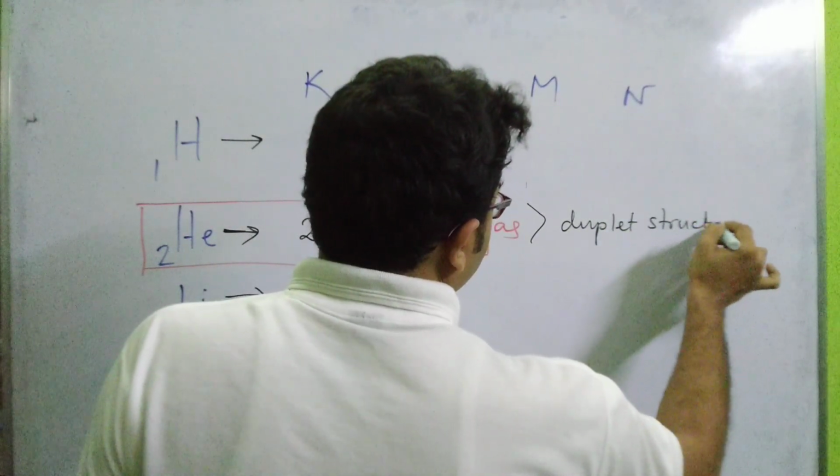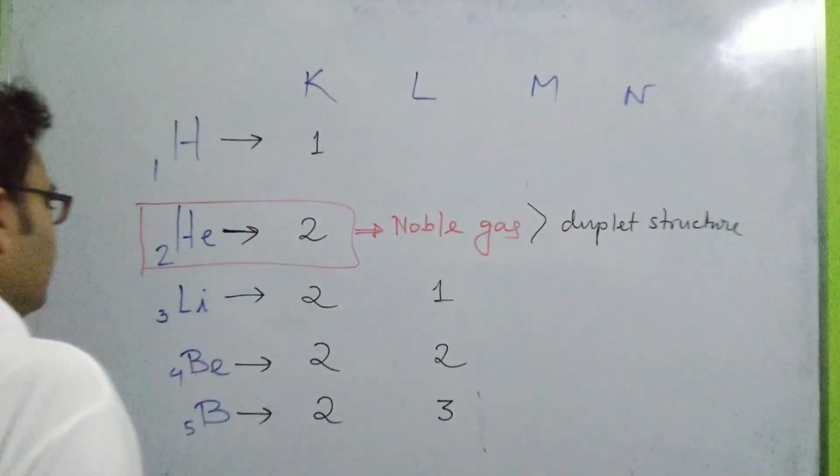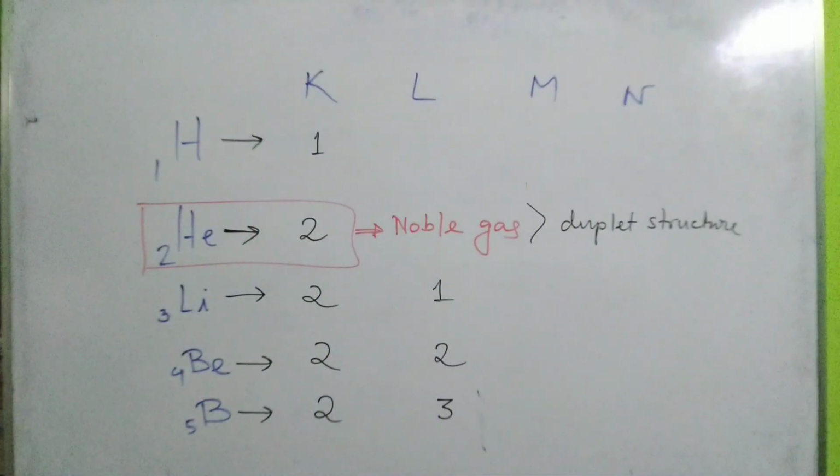Now lithium and beryllium, these are regarded as metals. Boron is also to some extent a metal.